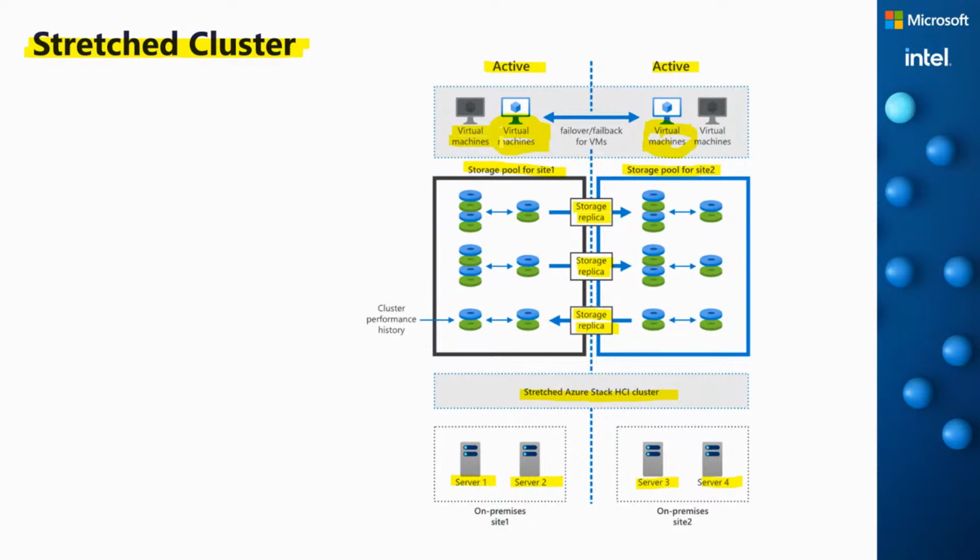In the inter-site connectivity within one site, we have RDMA, but not between the sites. And this means we have some limitations regarding the maximum throughput when we build a stretch cluster like this.